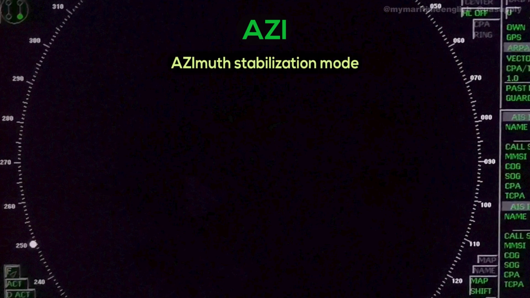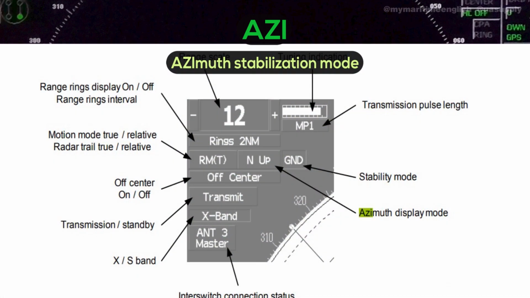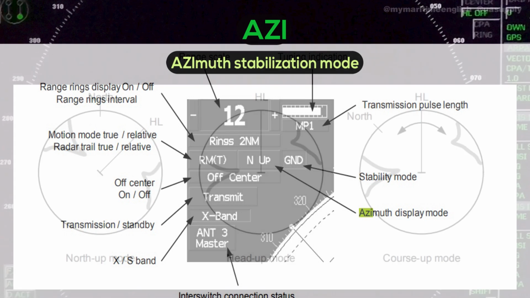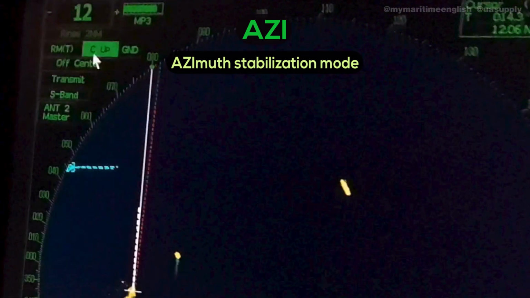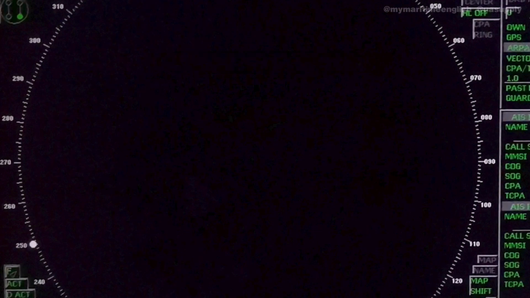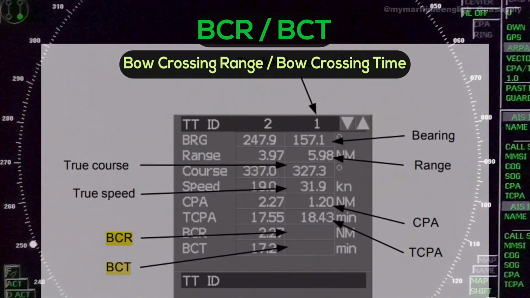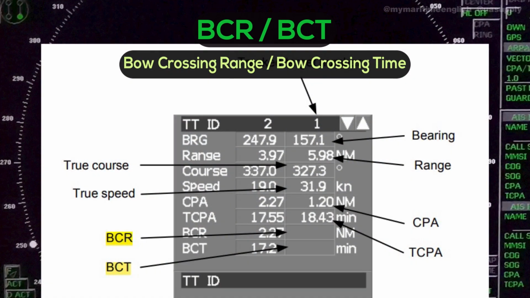AZI, Azimuth Stabilization Mode. BCR, BCT, bow crossing range, bow crossing time.